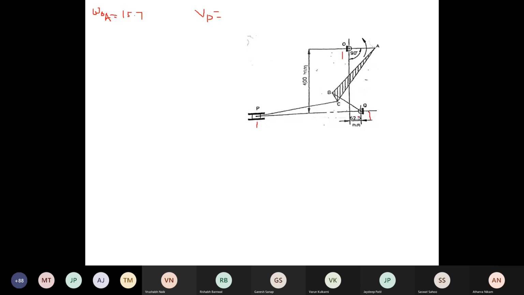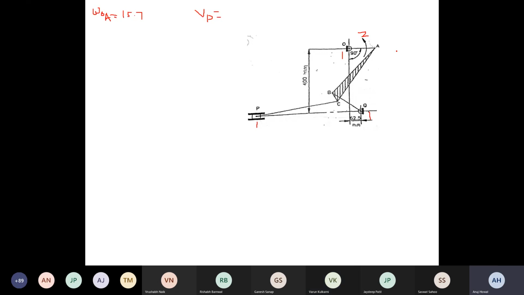Now you have to give the second number to which link? Second number, input link. OA is the second one. Now OA is connected to which link? Next link, third number. Ternary link.